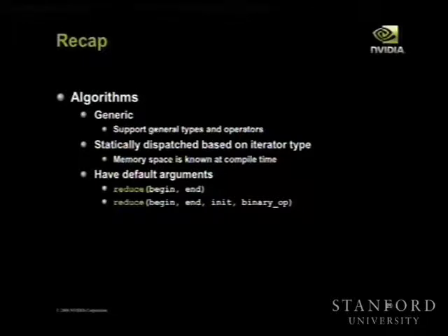An important thing to note is that even though we have a lot of mechanics going on under the hood, you provide a small amount of information, and Thrust infers all of this using some C++ template magic. Most of it happens at compile time, so there's really not much overhead associated with this kind of flexibility. At the end of the day, you get a very highly optimized implementation of that, and you get it for free.